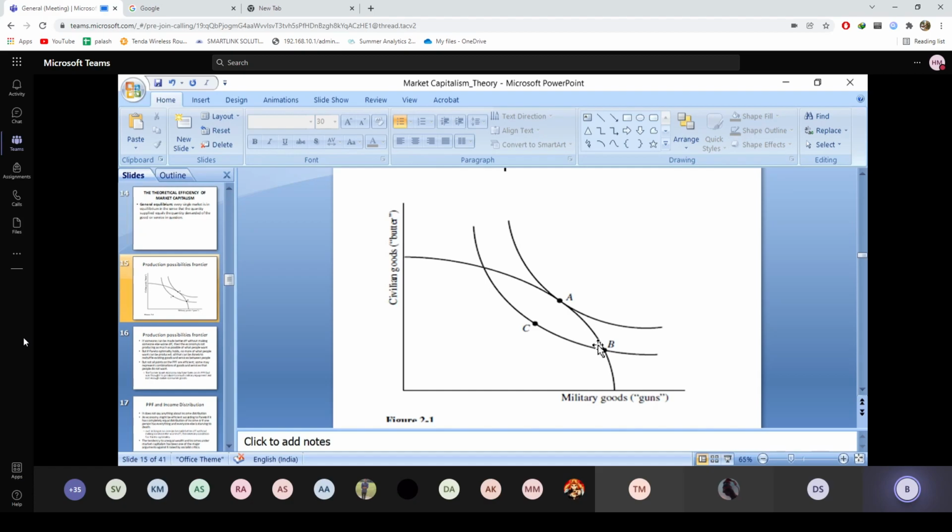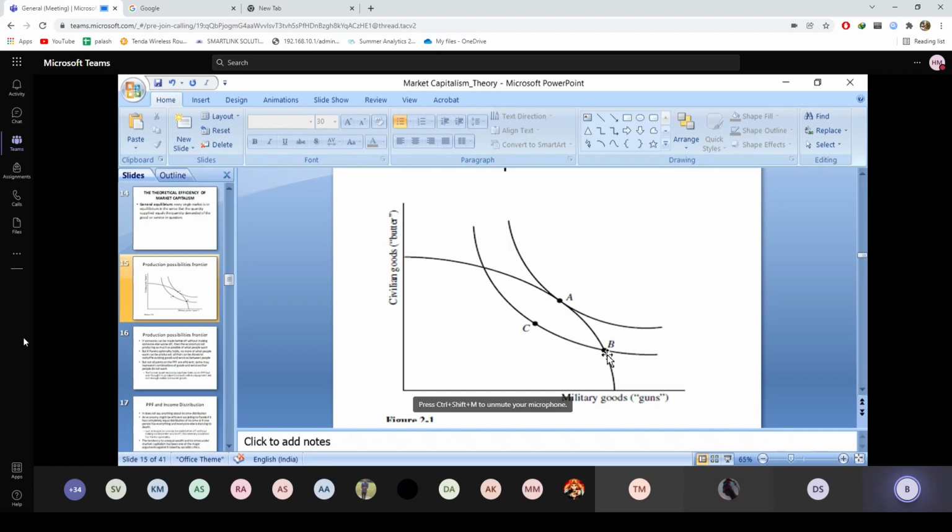What is more interesting is that if anything operates on this production possibility frontier, then we say that the economy is in full equilibrium, that all the resources are fully utilized, and those goods are distributed among all the people, and there is no possibility to further maneuver. That is the point we are making about the production possibility frontier. If you compare A and B, in both cases we could see that they are operating on the production possibility frontier.